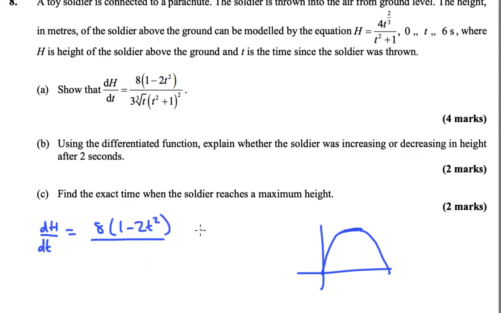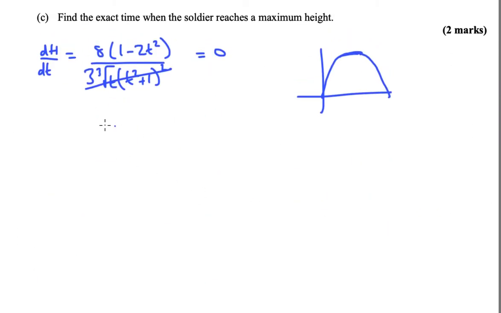Now, the good thing about fractions is fractions are equal to 0 just when the numerator is equal to 0. So it doesn't matter about this complicated denominator. We can completely ignore that, and as long as that denominator is not going to be worth 0, the top will give us the answer.